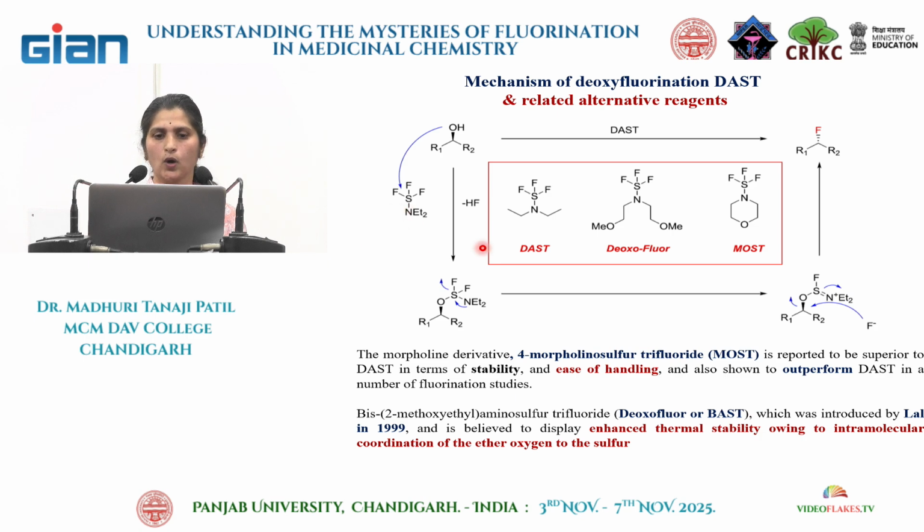And F minus will go out. Then the lone pair of nitrogen will form a sulfur-nitrogen double bond. Again F minus will go, and that F minus will attack from the backside, so that you will get an SN2 kind of reaction with inversion. Okay, so you will get fluorine with inversion. Whatever OH was there, exactly opposite stereochemistry will be there for fluorine.